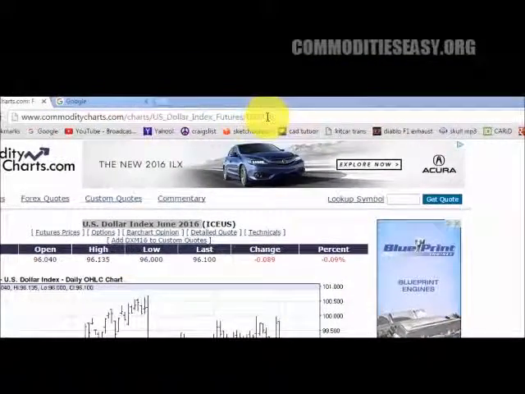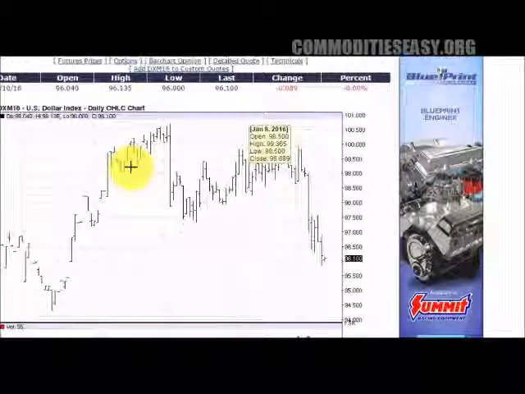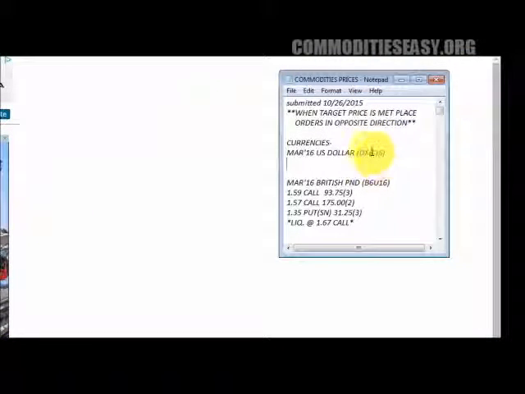June is always an M, and March is usually an H, so we'll just change that out. The 16, of course, is the year, and D is the dollar. So we change that and put an M in there.